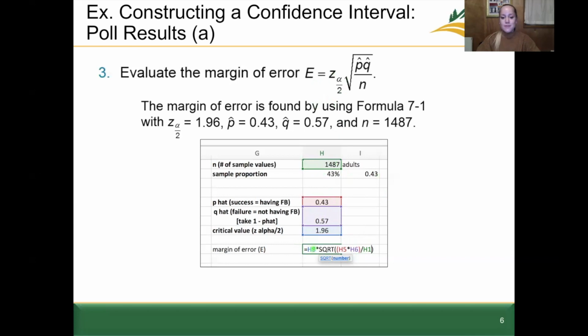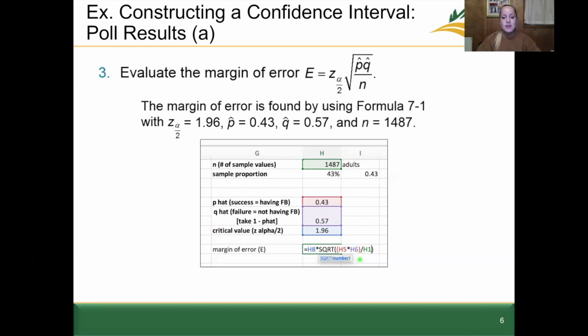That's why I'm first putting this into the equation, where H8 refers to this cell, which is our critical value. Then I multiply that by the square root of p-hat, or 0.43, times q-hat, or 0.57, all divided by my same number of trials we've been using, or 1,487.